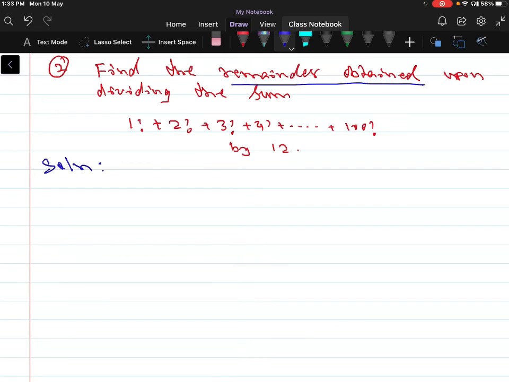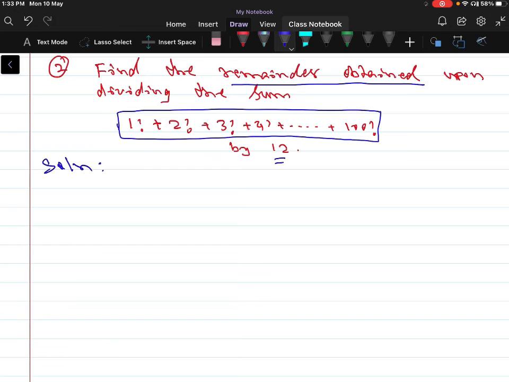So you have to find the remainder of this sum when divided by 12. Generally, 100 factorial itself is a very big number, so it is very difficult to find the remainder. So by using congruences we can easily solve the problem.